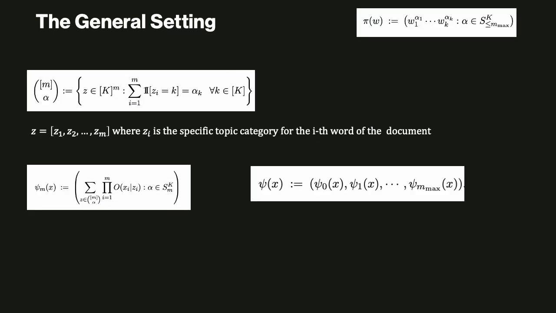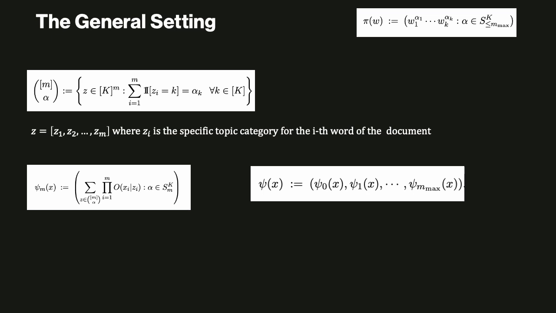So next, this set here is the set of all assignments of m words to k topics such that it follows the assignment pattern alpha. Here, Z is a vector representing one possible word-to-topic assignment that could occur for a document of size m. As you can see, the ith entry of this vector Z can represent the specific topic category for the ith word of the document.